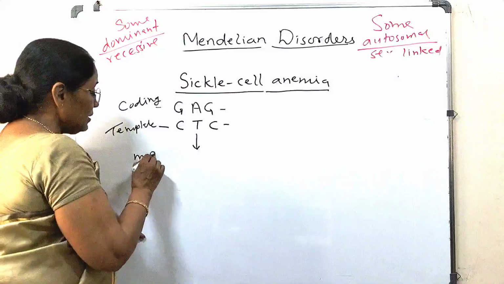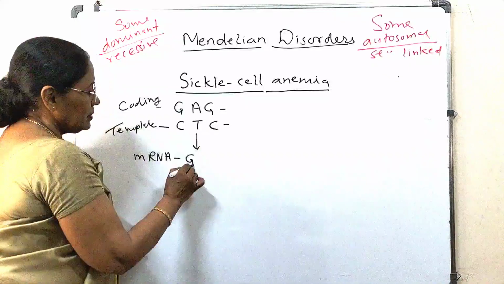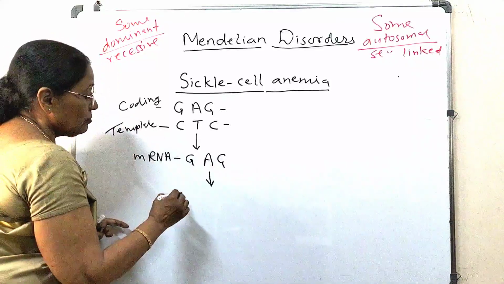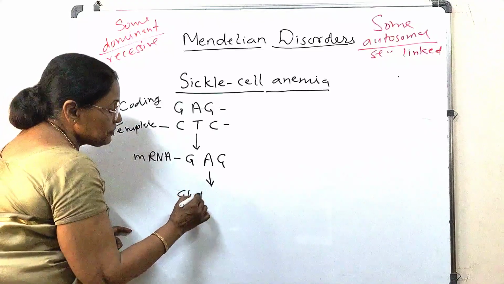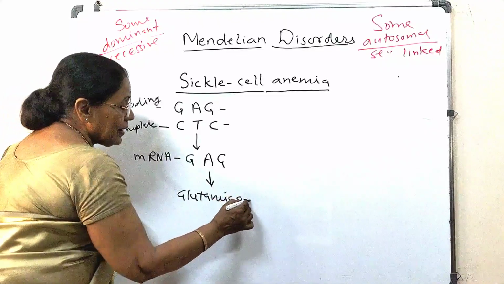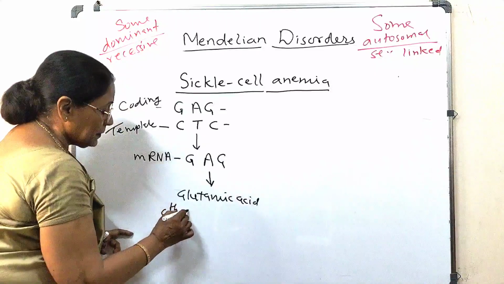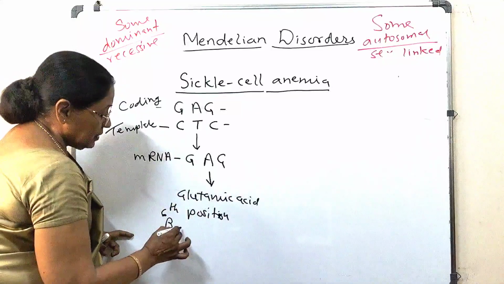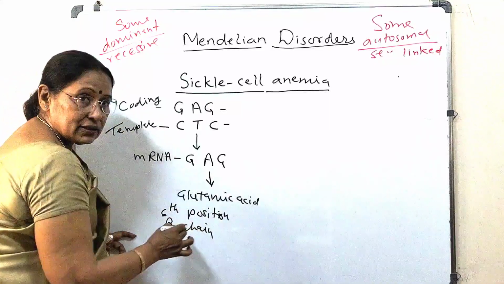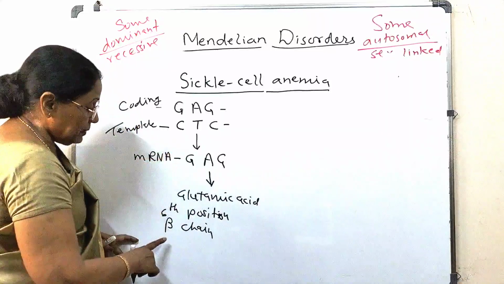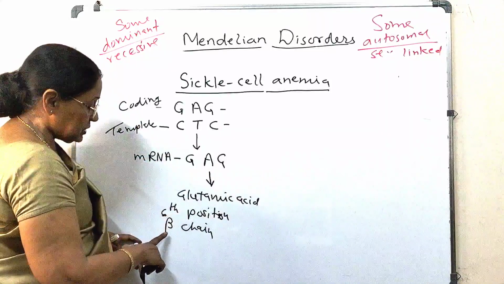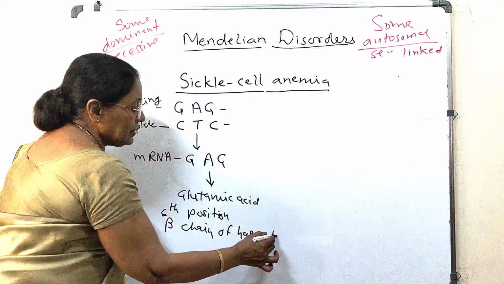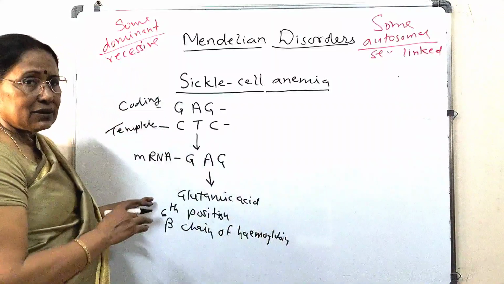Here, the mRNA which is formed has G, A and G. This one codes for the amino acid glutamic acid at 6th position. This is all important. 6th position of beta chain. You remember hemoglobin has 4 chains, 2 beta and 2 alpha. So the 6th position of beta chain of hemoglobin.